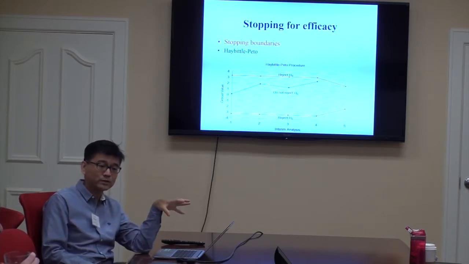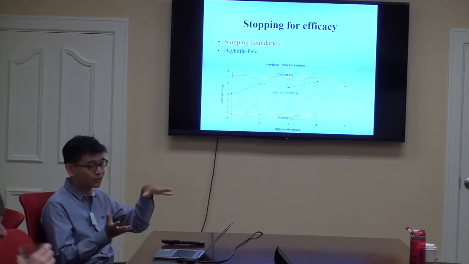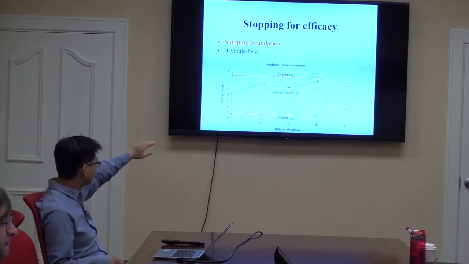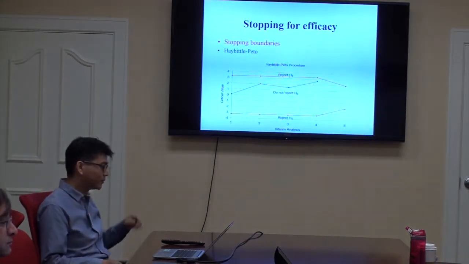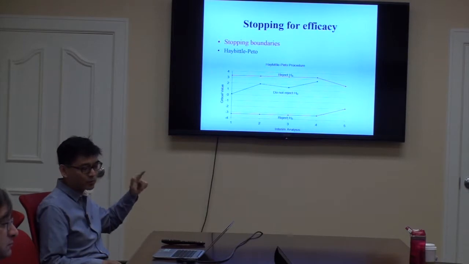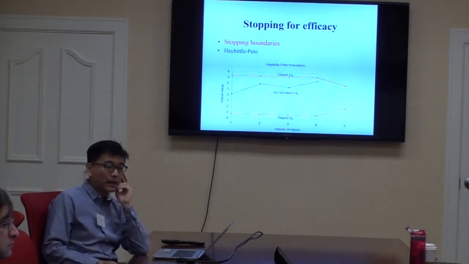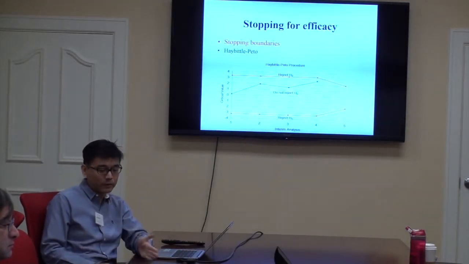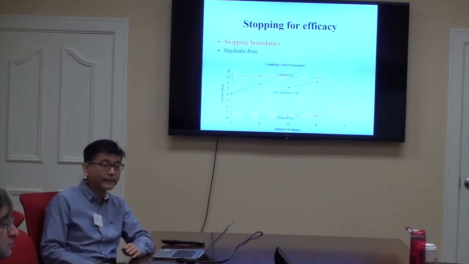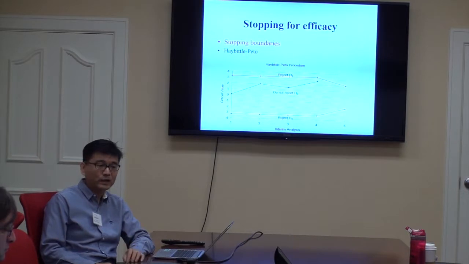So these boundaries, we know how to use them, right? Because we have the boundaries, we just look at the boundary, look at the observation, and whenever the observed z-value crosses the boundary, you stop. That's easy. But these boundaries assume that we have equal spacing. And yesterday there was also a discussion on if we do a sample size estimation, do we change when we do the analysis?